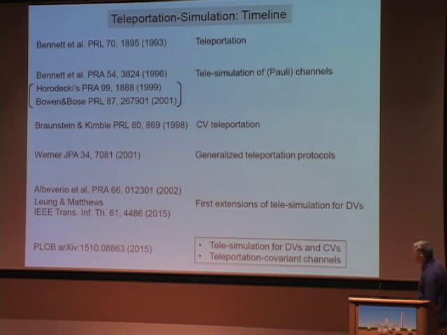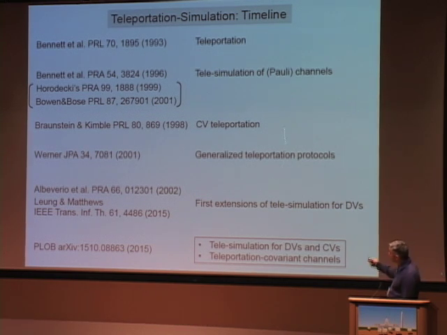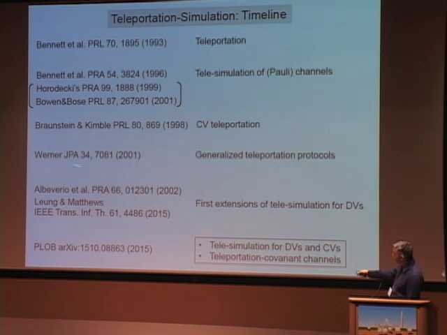Of course, as I told you before, this is an argument that has been developed through time, so there are many important contributions, starting from the 96 paper on continuous variable teleportation, Werner's paper on generalized teleportation protocols, the first extension of this telesimulation by these papers, and then our result.